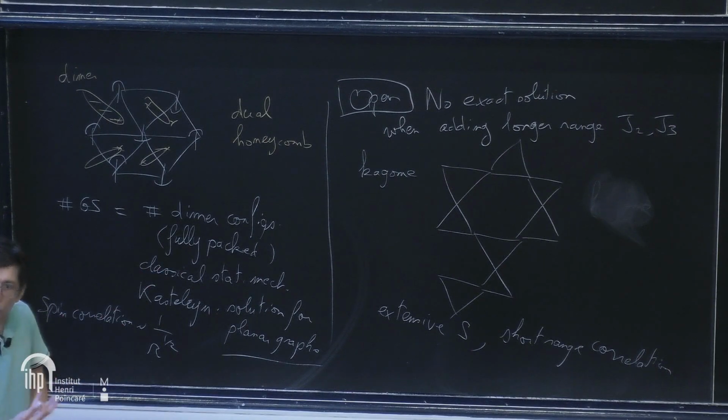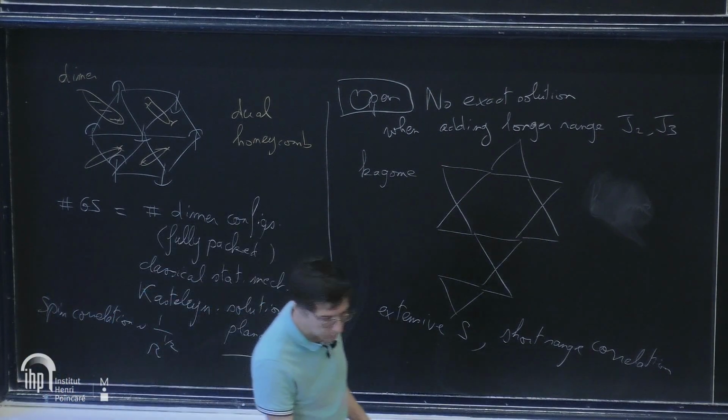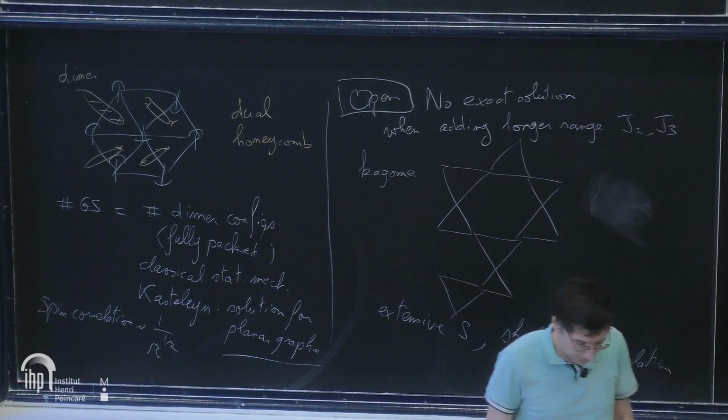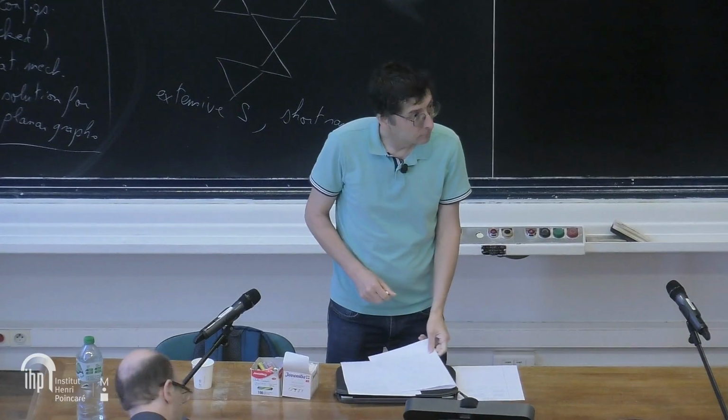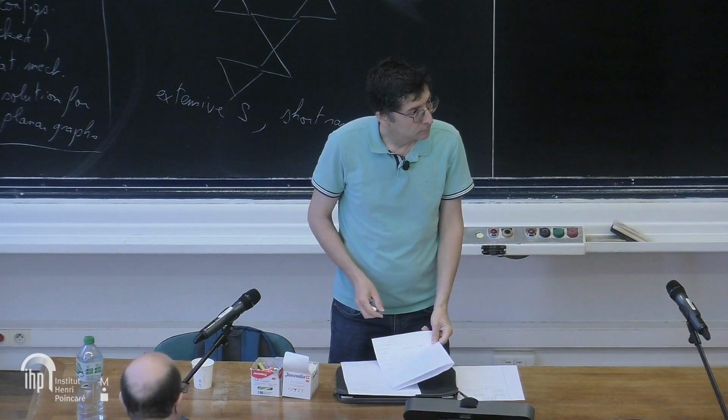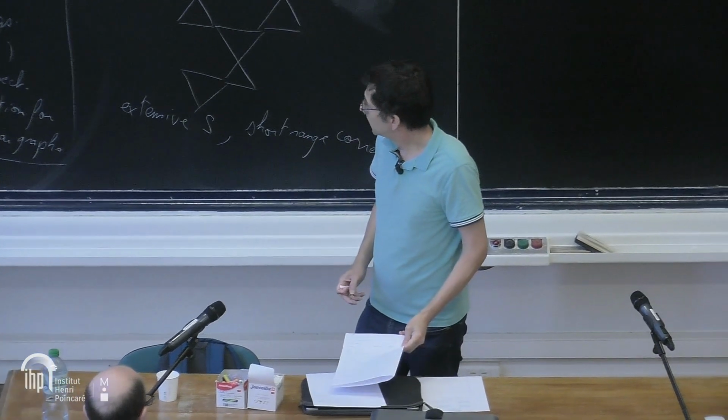I have an extensive number of configurations. What are the correlations? I expect maybe short range, but in fact, no. They are power law, and for some good reason, because there is a gauge structure. Does the power law disappear immediately at finite temperature?